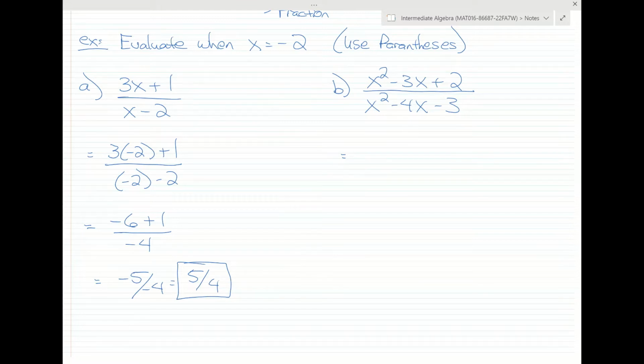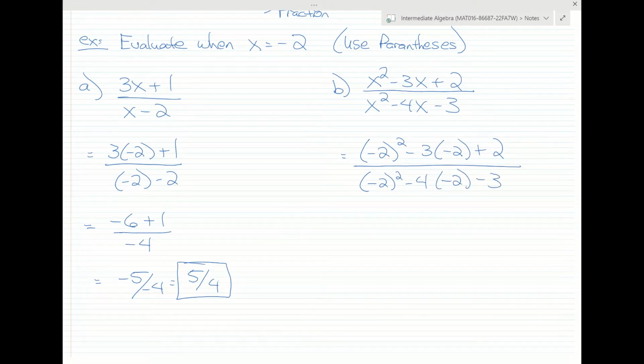For b, we'll plug in -2 for x. So (-2) squared minus 3 times -2 plus 2, divided by (-2) squared minus 4 times -2 minus 3. You could just use your calculator or order of operations.